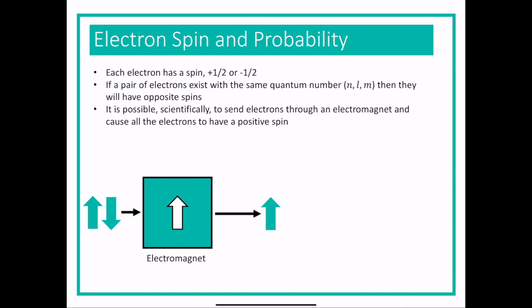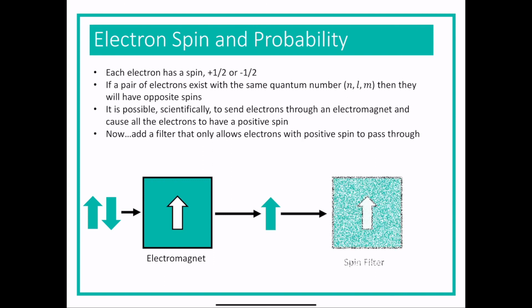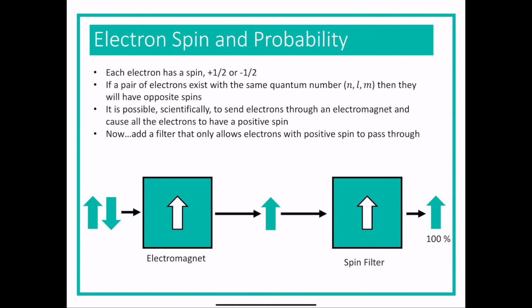Then you can send them through a filter that only allows electrons with positive spins through. So what you would expect is that all the electrons are going to go through because they all have a positive spin. That makes sense.